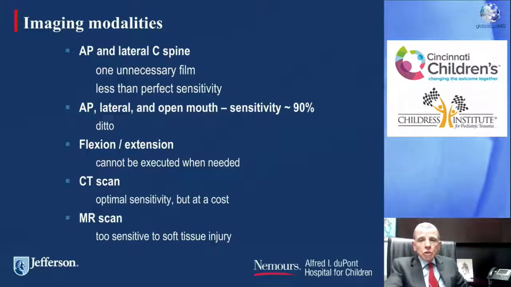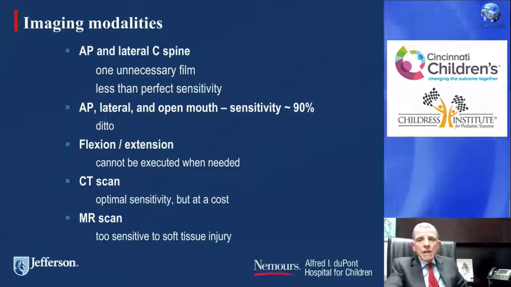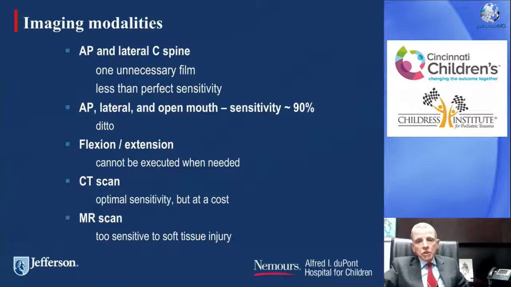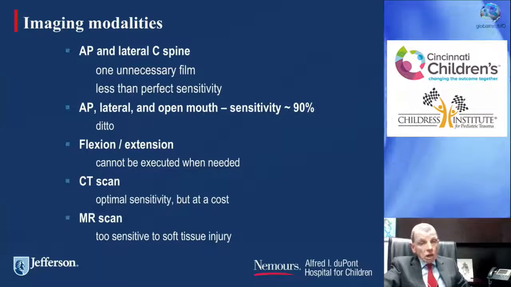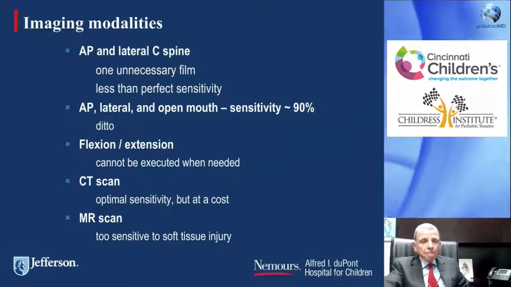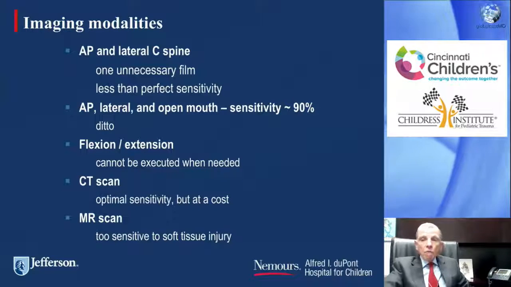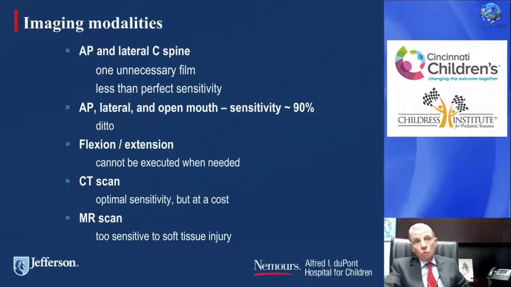In older children who can cooperate, we add an open mouth view. The sensitivity of 3 views of the cervical spine has been studied and is around 90%. So it is pretty good, but not perfect. We neurosurgeons are often asked whether we want flexion extension films for patients who have normal 3 views, but still have a lot of neck pain and rigidity.